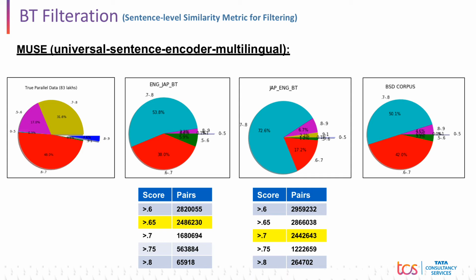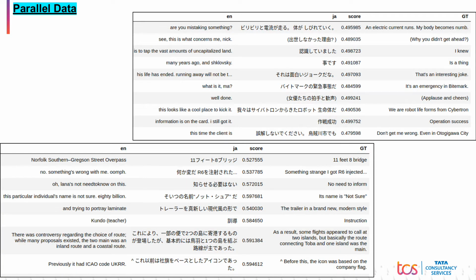I will demonstrate this using an example. Suppose this is our training data, and as we can see, for an English sentence we have the corresponding Japanese pair. We calculated the cosine similarity score between the sentence embeddings, and for example the score is 0.49. In order to determine what exactly this cosine similarity means, we took the help of Google Translate and translated this Japanese sentence into English.